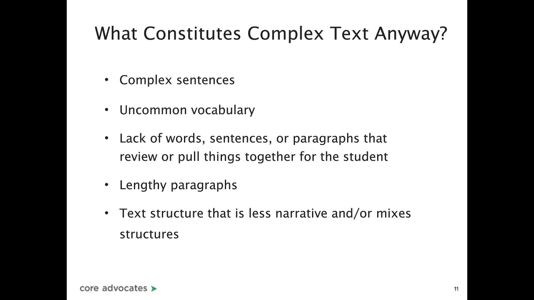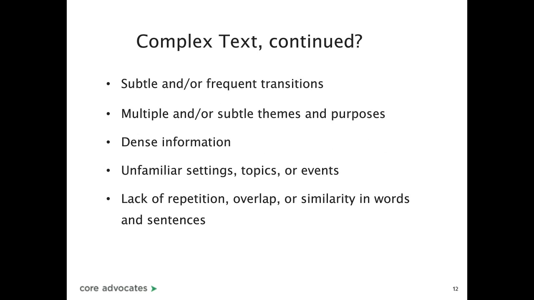Here are the rest of them. If an author makes subtle transitions or jumps around a lot, sometimes without warning or so subtly that they might get mixed, that makes text more complex. If there's lots of themes or purposes going on, that also does. If the information is packed densely in, we can all relate to that. That makes text more complex.